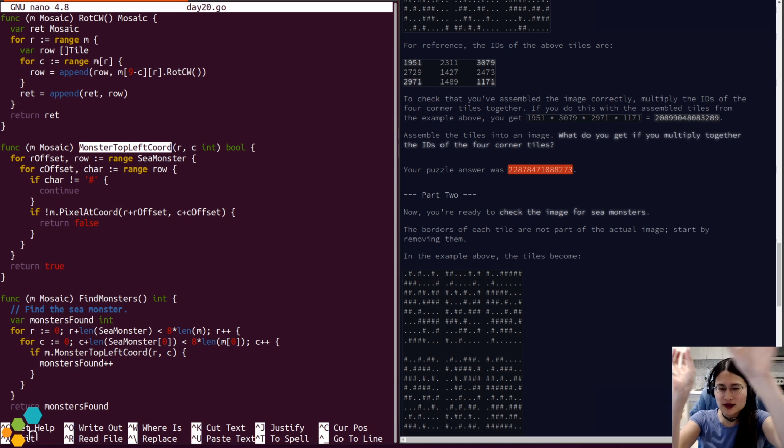Column plus the length of the sea monster must always be less than, each of these is 8 wide. That should work. I don't understand why that works. It doesn't work. Okay.